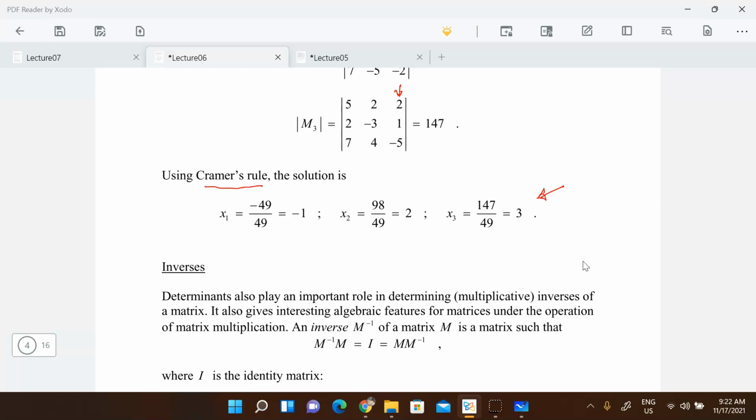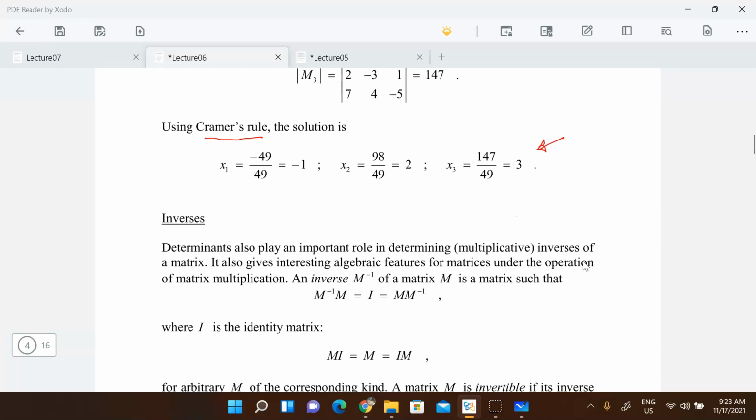But if you can actually program this, then you can be able to solve simultaneous linear equations easily using determinants. Normally, in most of the cases, you probably see programs being written using row reduction techniques. That would actually be easier to implement inside computer programs.